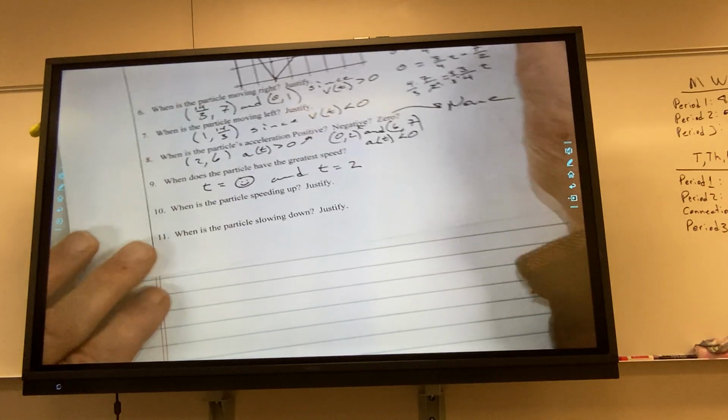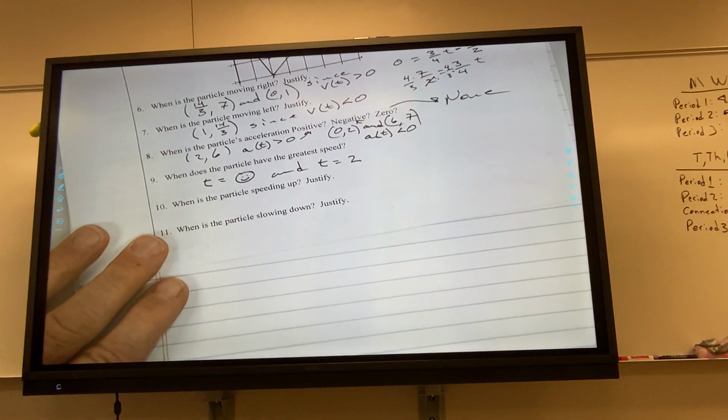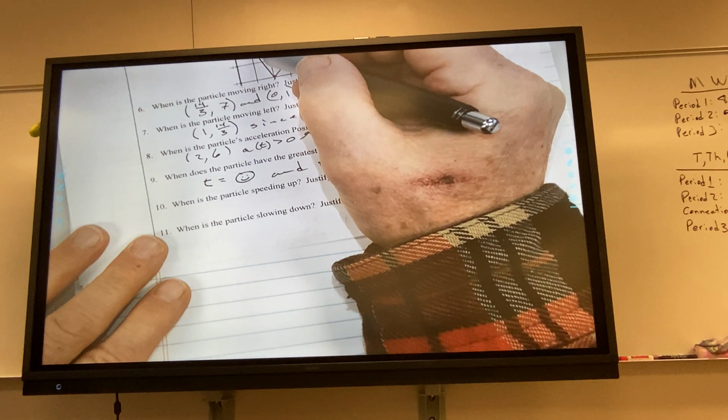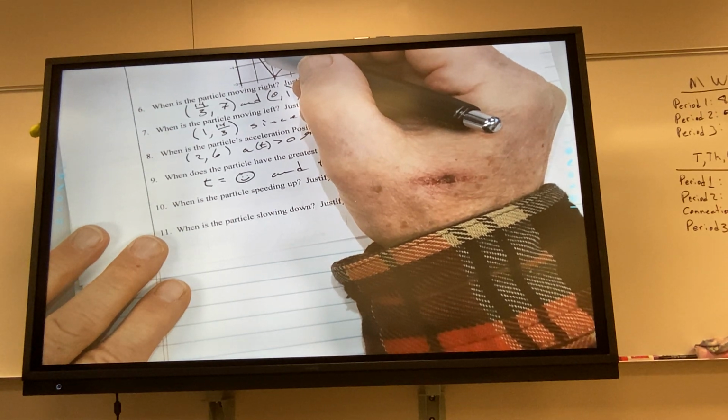All right. So, Owen, when's the particle speeding up? What do I have to look for? Anytime the y value is going away from the x-axis. Oh, okay, I see what you're saying. Because you know here the velocity is 0, correct?